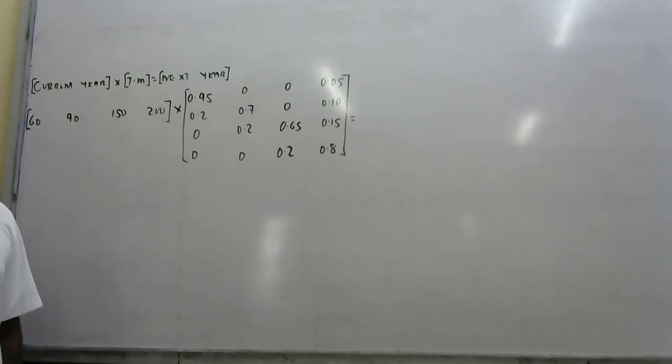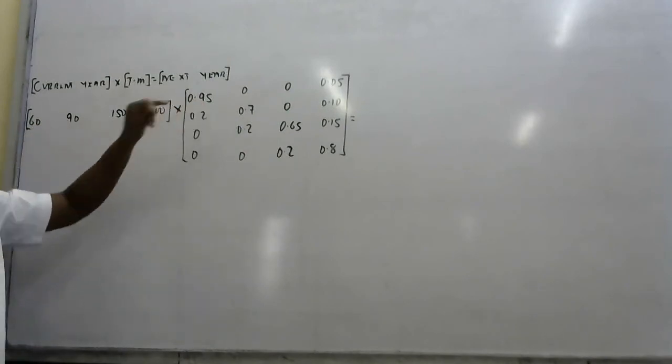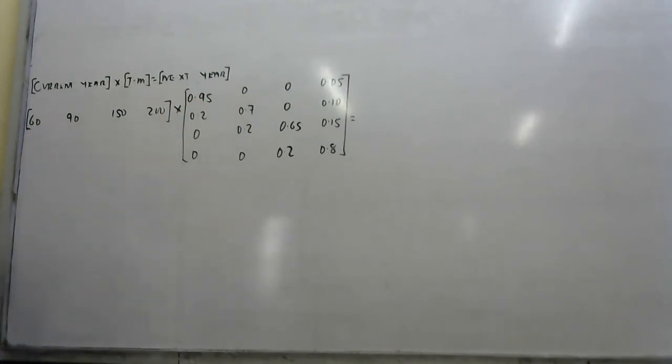Know how to multiply matrices again. So we create our 7. Give me 60 times 0.95 plus 90 times 0.2.